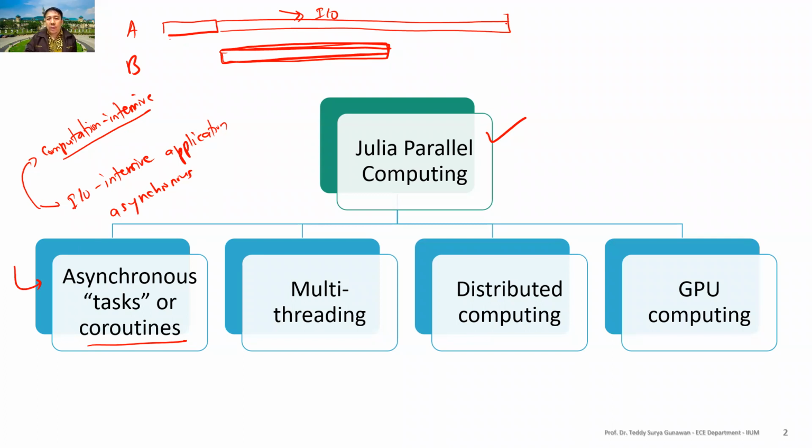It is helpful if you have an I/O intensive application. Remember that an I/O operation takes very long, so rather than waiting for A to finish, you can switch to B.